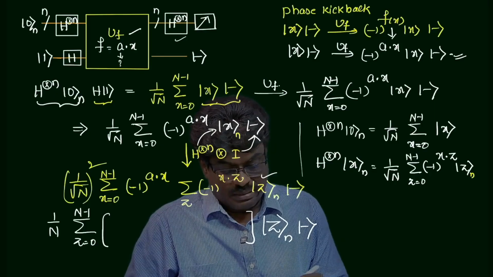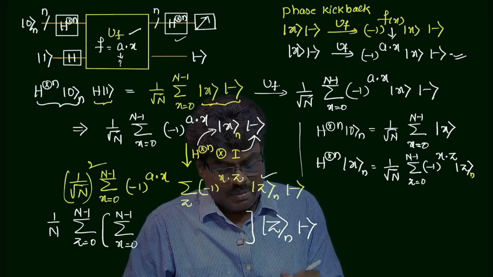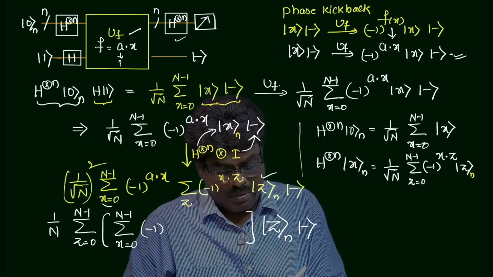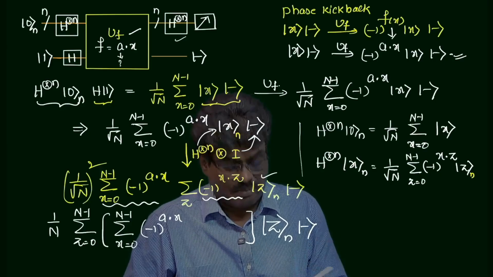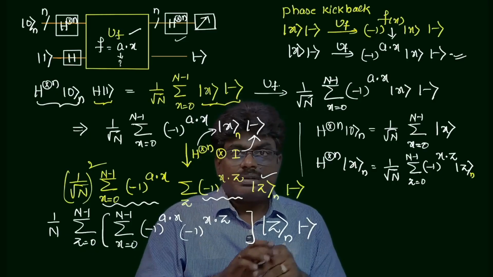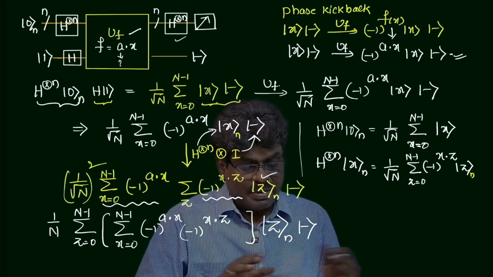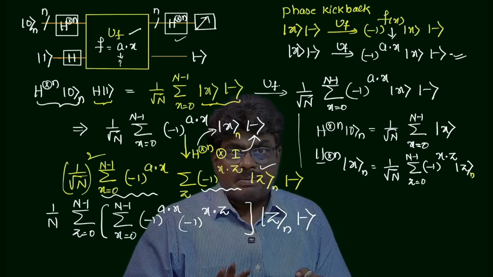So what is this? This is nothing but summation x is equal to 0 to N minus 1, (-1) to the power a dot x, and after that (-1) to the power x dot z. So this is what we get. So let me write on the next page. Okay, so let me explain here itself.